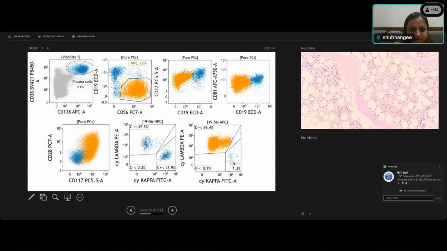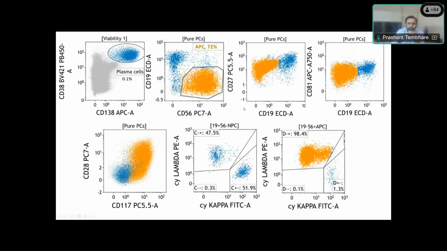Yes, sir. The last one. So here you're talking about these cells, just below this one. Lambda. Yes.